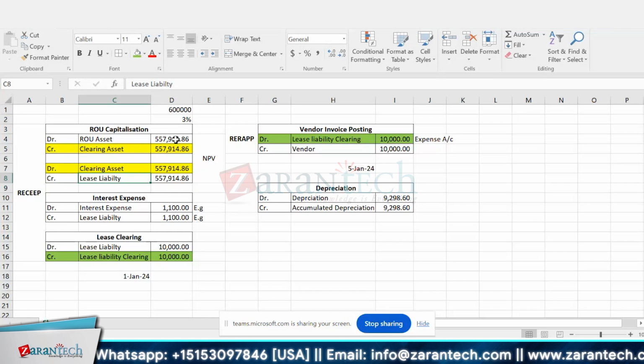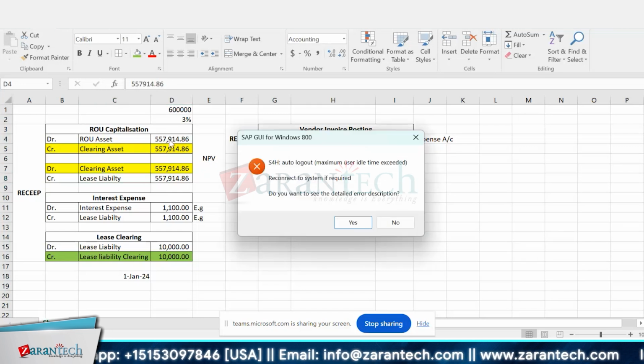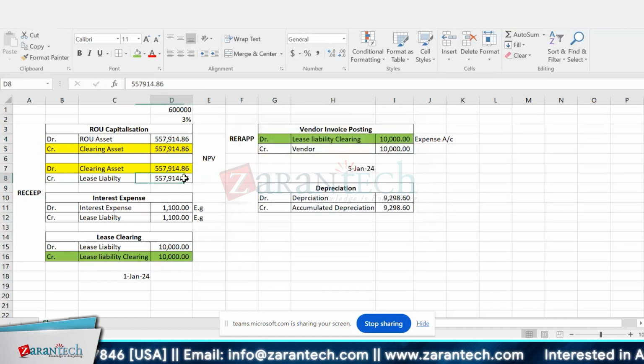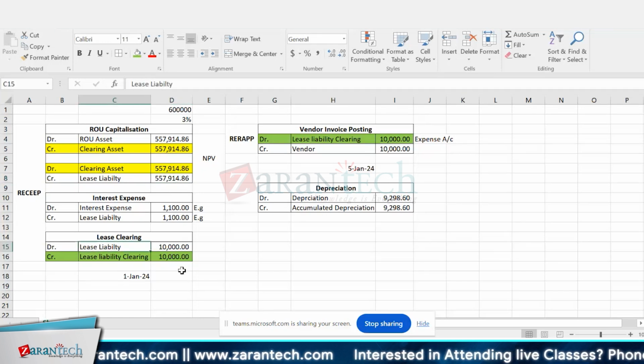Because ideally, we have posted a capitalization to the asset, and we have posted the liability account. Now on a monthly basis we are posting lease liability, and we are taking out the same amount, that is 10,000. When we were taking out the lease liability, you should also have taken out the asset amount.